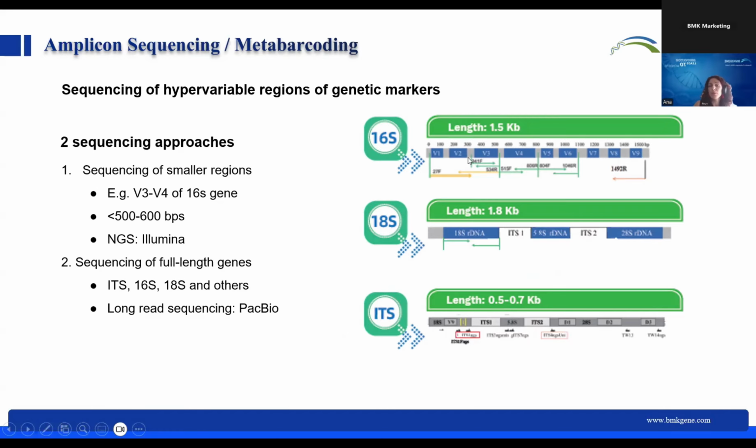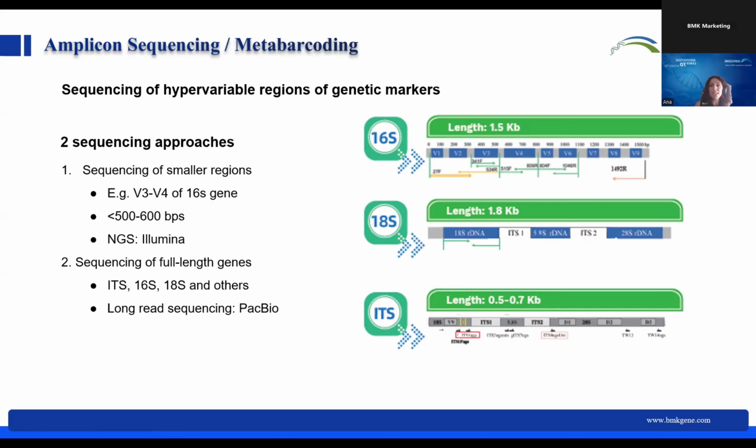What people would do is they would amplify, for example, the V3, V4 region, and this region is between 500 to 600 base pairs. So this meant that since it's a small fragment, it can then be sequenced in Illumina, which is a sequencing technology for short reads.